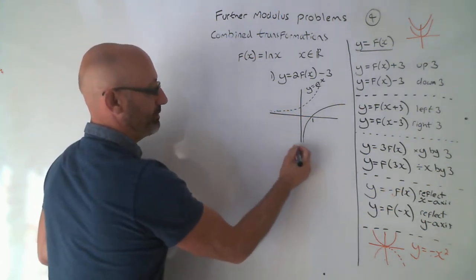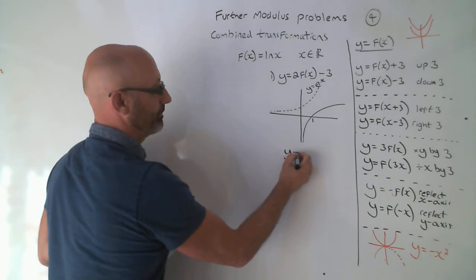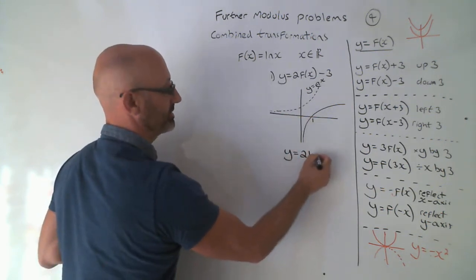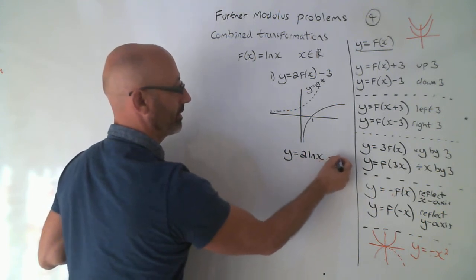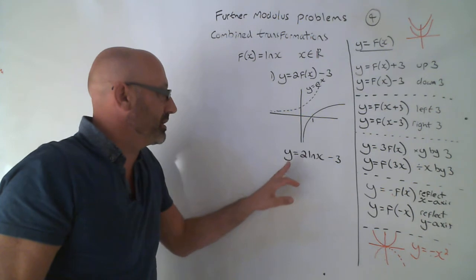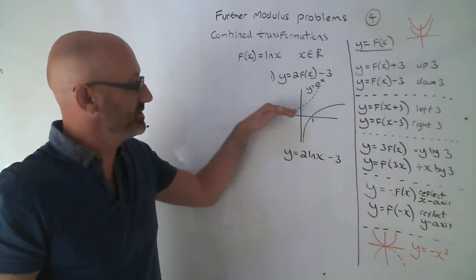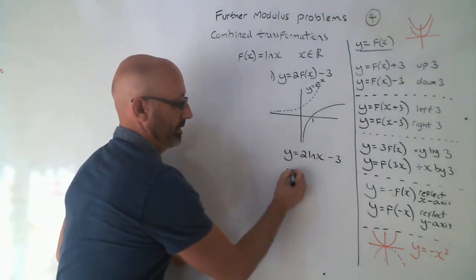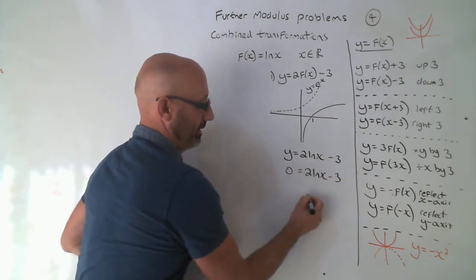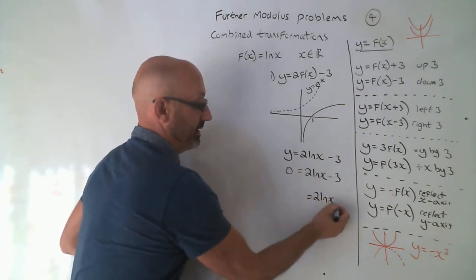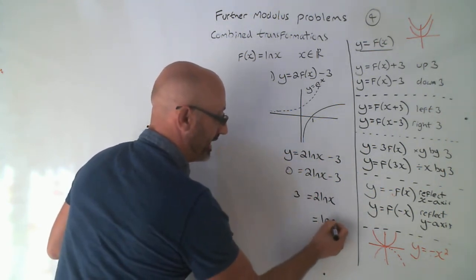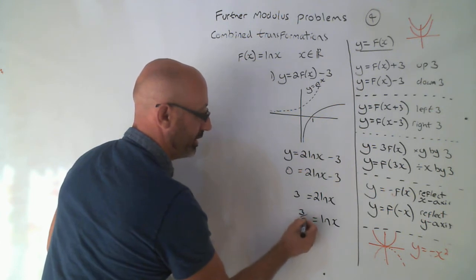So if I write the equation out, f(x) is 2 ln x minus 3. To work out where it crosses the x-axis, we make y equal to 0. So 0 equals 2 ln x minus 3. If we let our algebra do its thing, we end up with ln x equals 3 over 2.